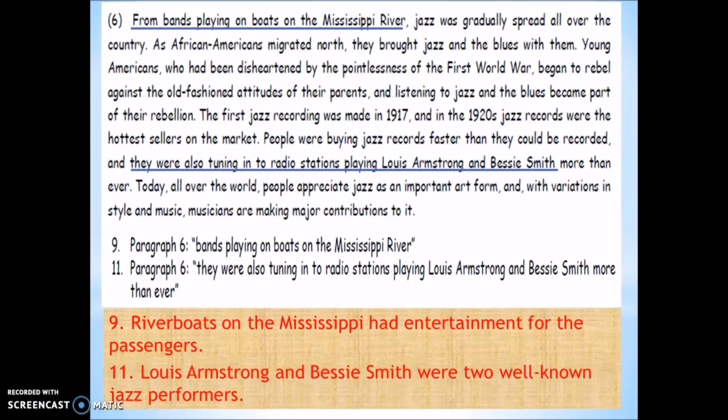And yeah, in paragraph number 6 we have the bands playing on boats on the Mississippi River, and they were also tuning into radio stations playing Louis Armstrong and Bessie Smith. We can actually find them in paragraph 6. That was the easiest part. So they had entertainment for the passengers in the riverboats, and Louis Armstrong and Bessie Smith were two well-known jazz performers at the time.